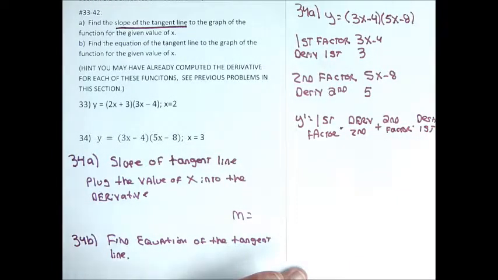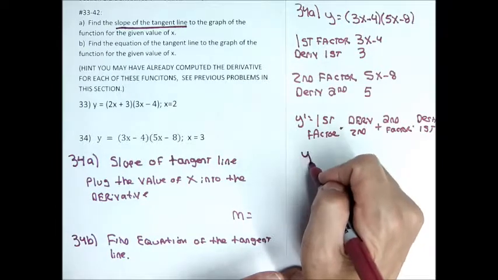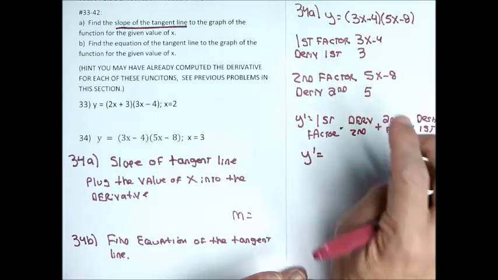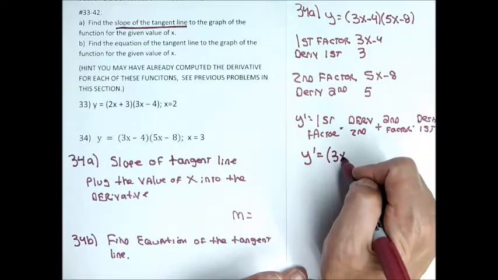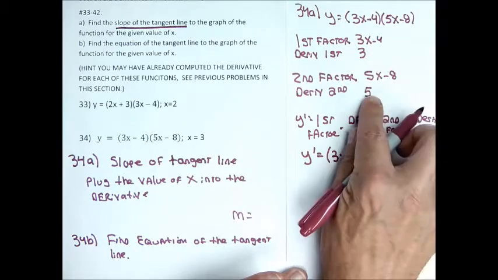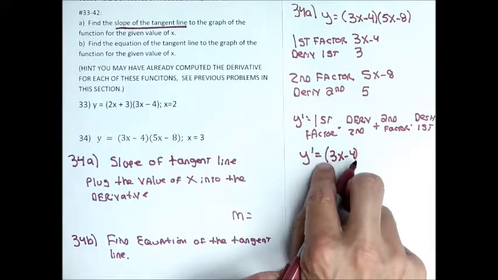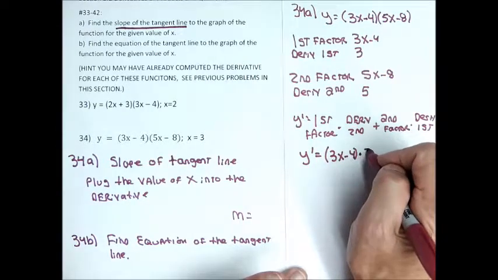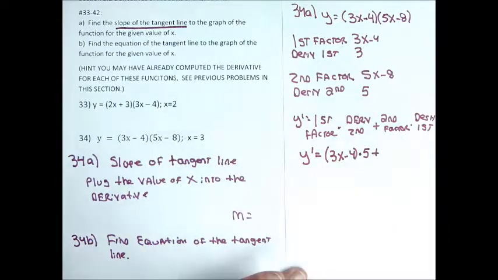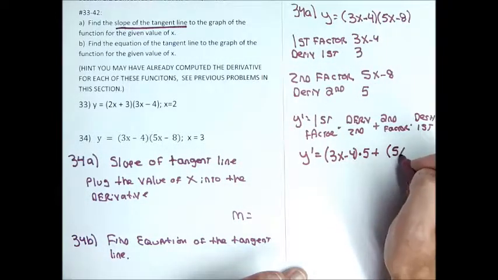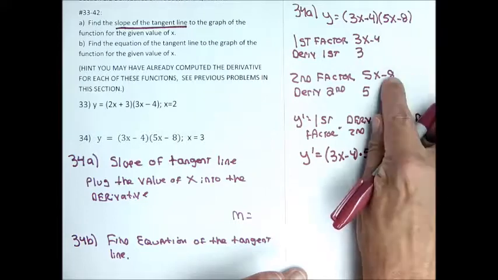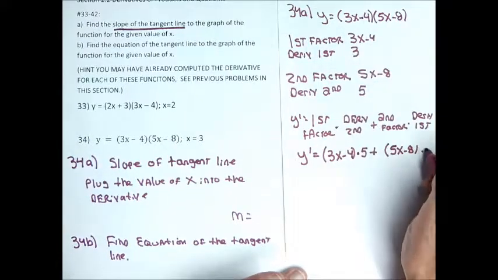So I'm going to find the derivative real quickly, and I'll use it to find the slope of my tangent line. So first factor, 3x minus 4, put it in parentheses because it's a binomial, times the derivative of the second. I could write it before the parentheses, but I'll write it after. And then plus the second factor, 5x minus 8, times the derivative of the first, which is 3.